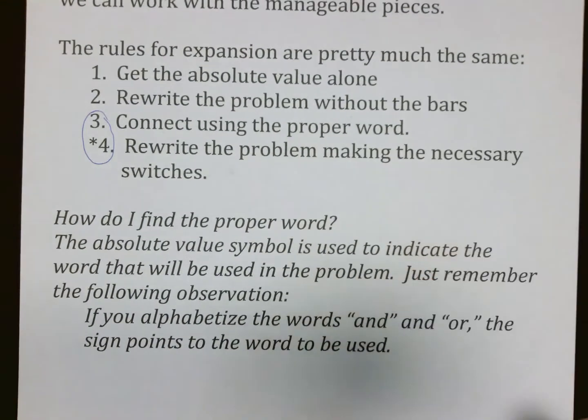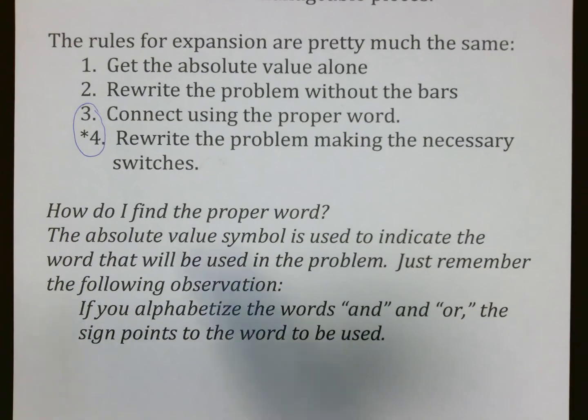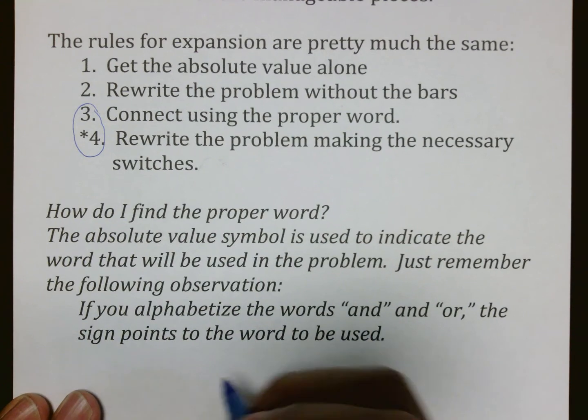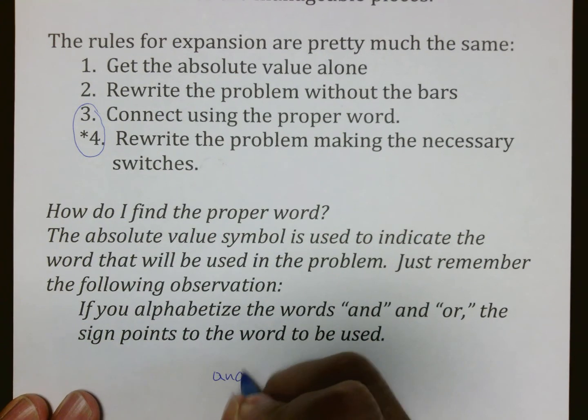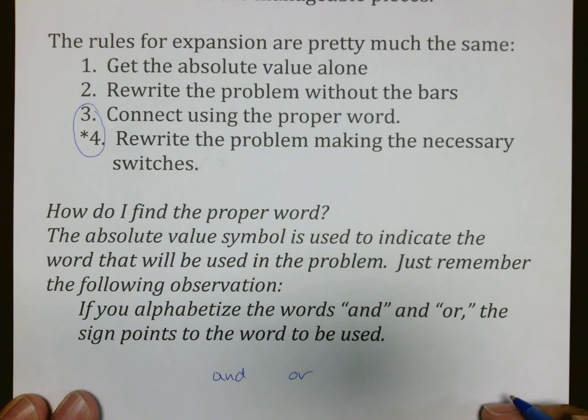So how do you find the proper word? Well, the absolute value symbol is used to indicate the word that will be used in the problem. Just remember the following observation. If you were to alphabetize the words "and" and "or," that means "and" starts with the A, "or" starts with the O, and "and" would be here, "or" would be here.